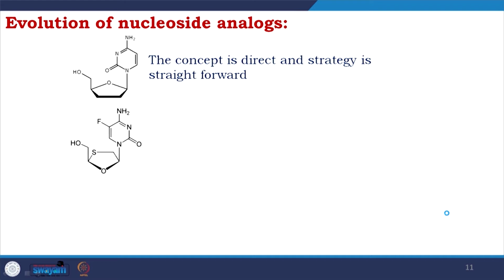What is happening here is, if you see, the L sugar is rotating slowly and moving the hydroxyl groups away from the enzyme, from the DNA polymerase.